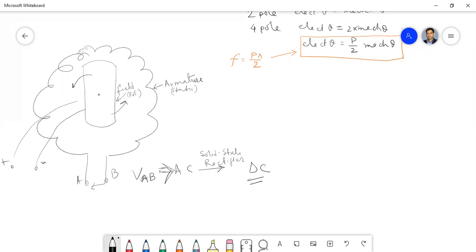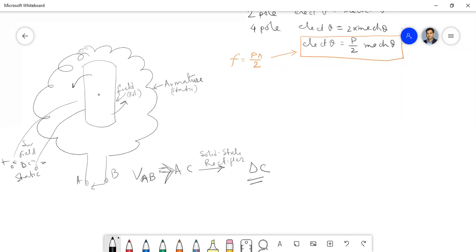Then my question is, what should be the arrangement so that I can create a north pole and south pole in the rotor? Again, you have to make some arrangement between the static and rotating parts, because your DC supply is static. So this is the supply for your field.